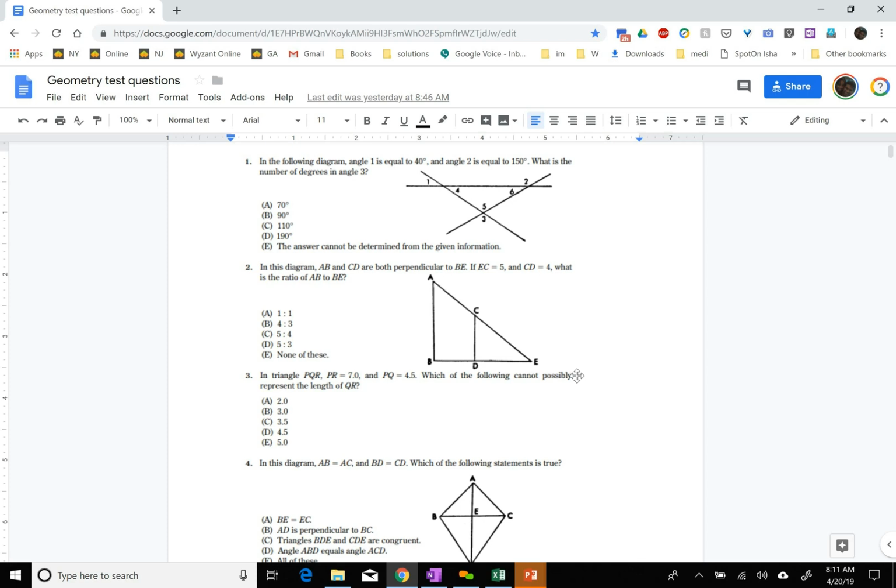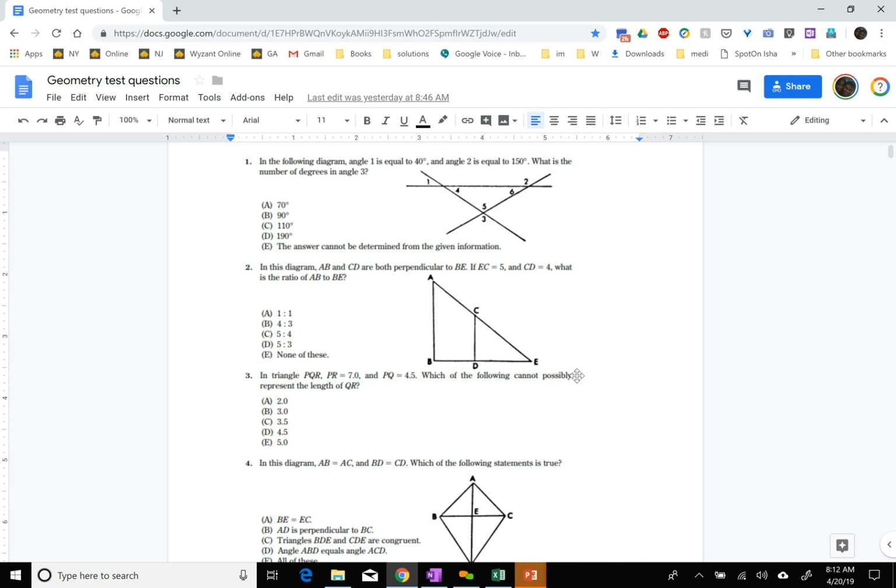So if that's 40, then angles 4, 5, and 6 have to add up to 360? No. Inside every triangle, you have 180. Every triangle is 180 degrees.